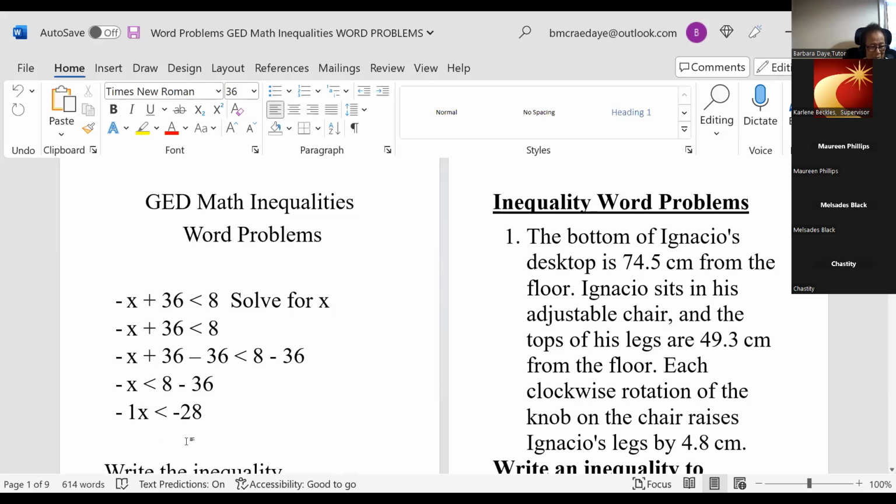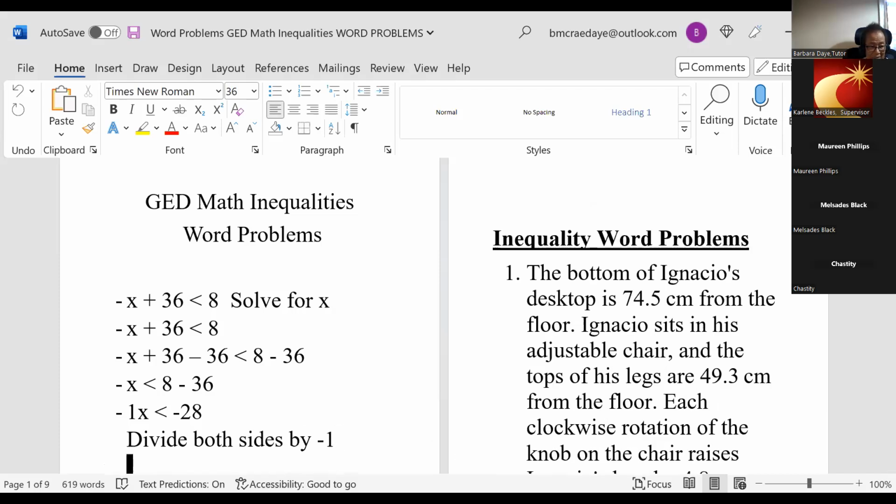So what would you do? Divide by 7. Why 7? You want negative 1. Divide by negative 1. Yes. And that will give you just x, right? Equal to... less than.